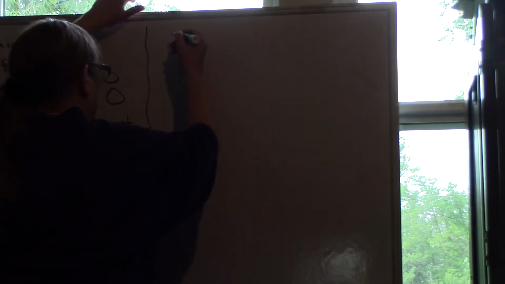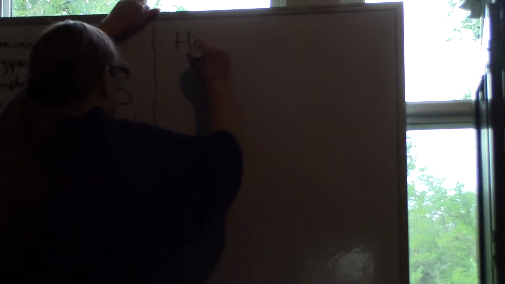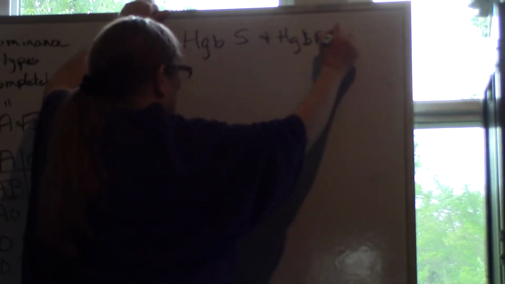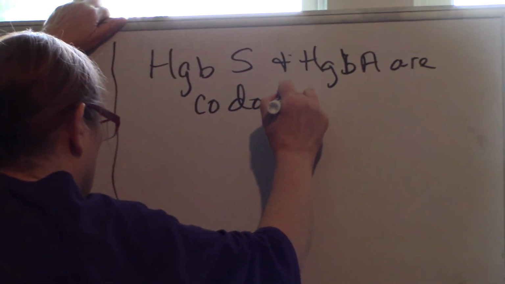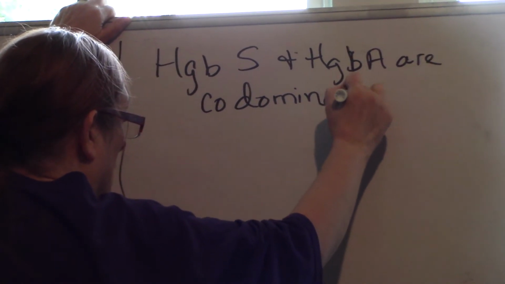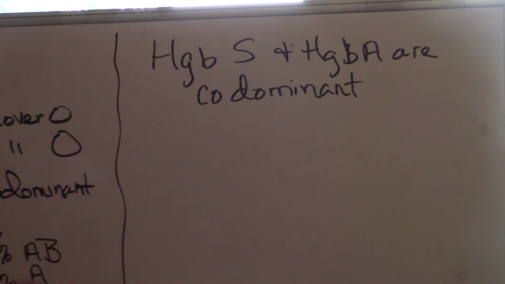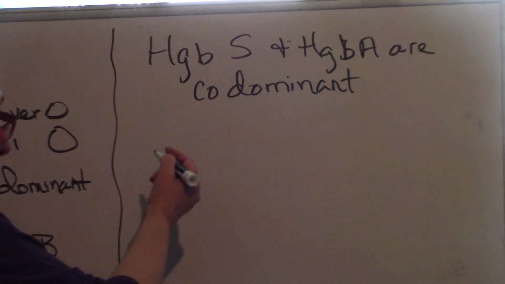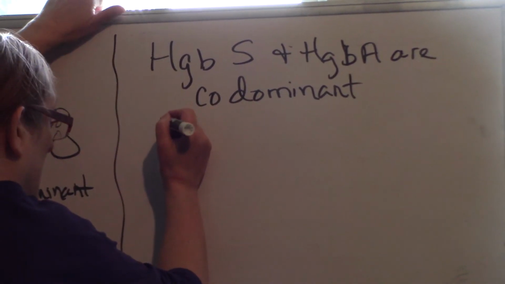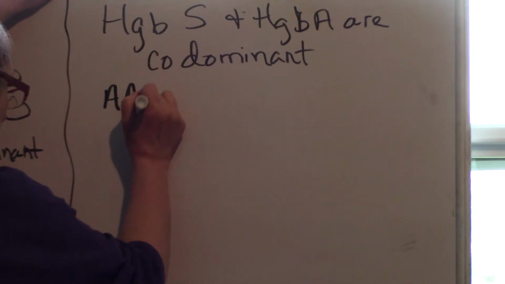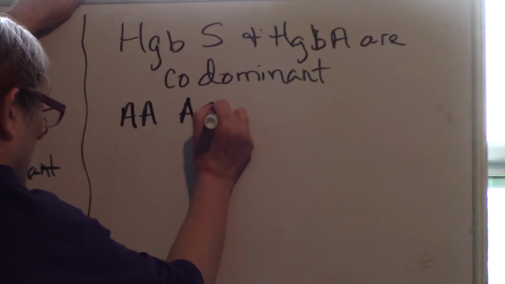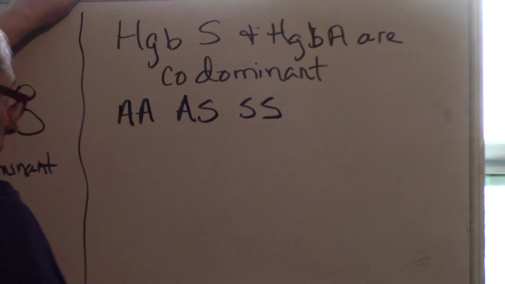Hemoglobin S and hemoglobin A are codominant. Now this one doesn't have a third phenotype like the type O. So a person can be AA, AS, or SS.